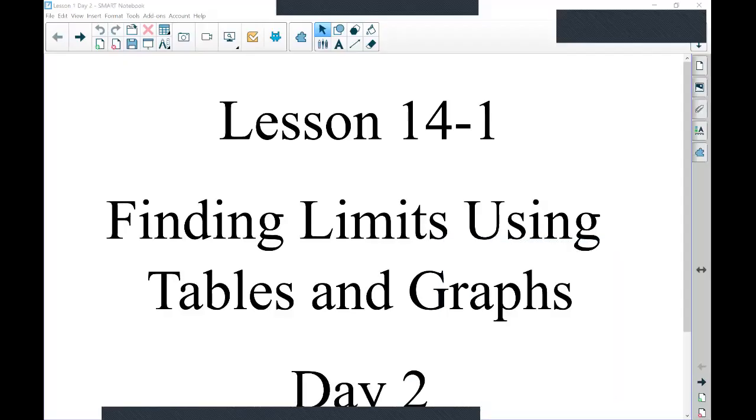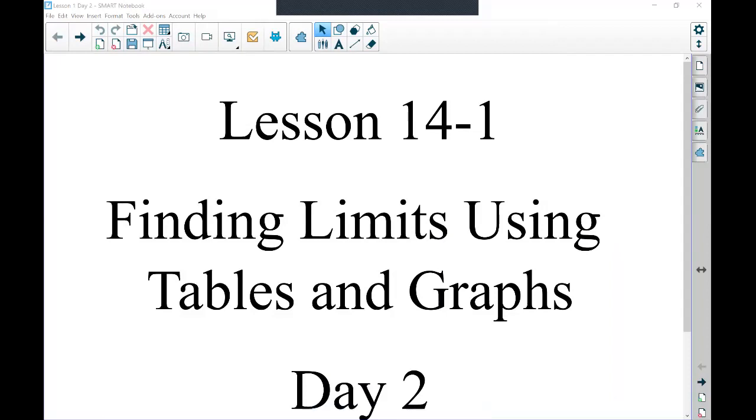We're going to finish up finding limits using tables and graphs. Yesterday we used tables, so guess what we're going to do today? Graphs, you're right. Excellent.